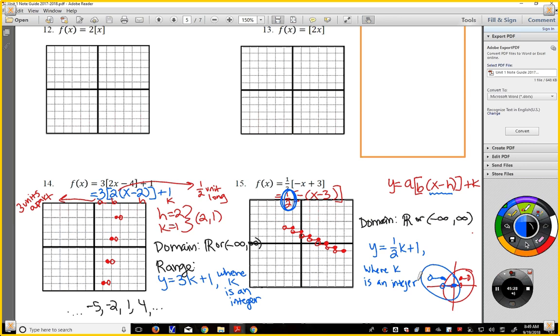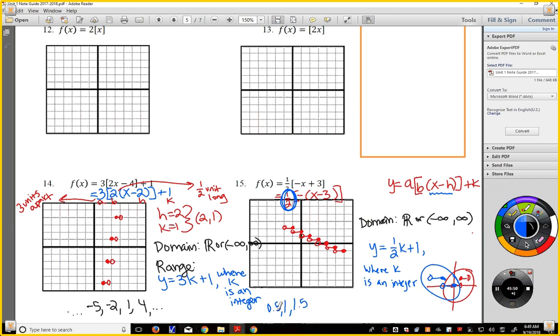So if I made the list, this looks like a line, but this is not the equation of the line. This is an equation to find all of the y's that are listed in the range. So if we started listing in the range, yes, 1.5 is one of them, but so is 1, so is 0.5, because even though there's an open circle there, there's a bunch of other points that have a y value of 1 with them. Does that make sense?